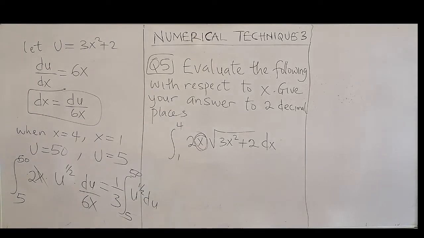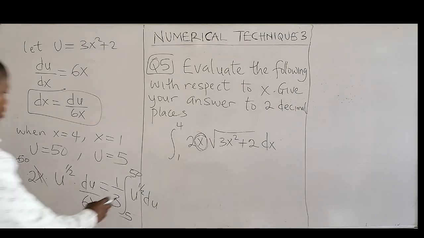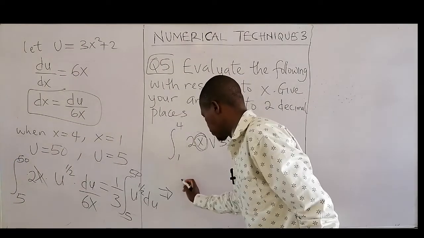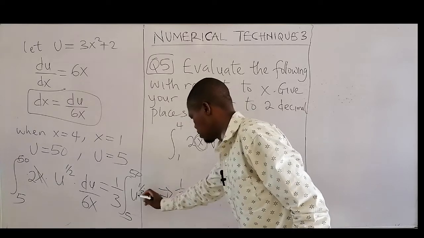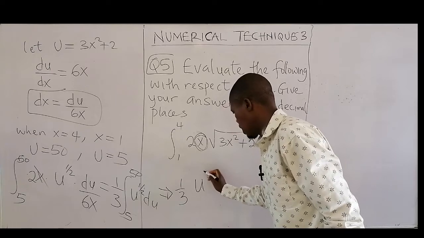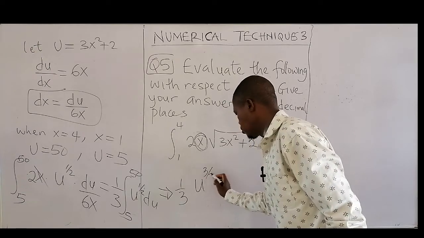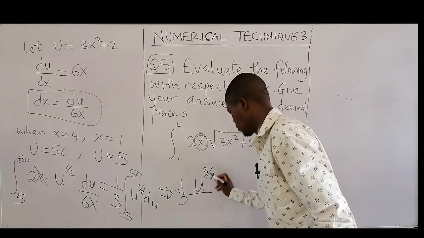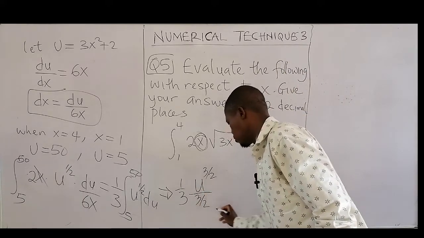What else again? Can we do the integration? Yes, then you can go on and do your integration. If you integrate this, 1 over 3, this u to power half becomes u to the half plus 1, that's 3 over 2, and then over what you have here, 3 over 2.